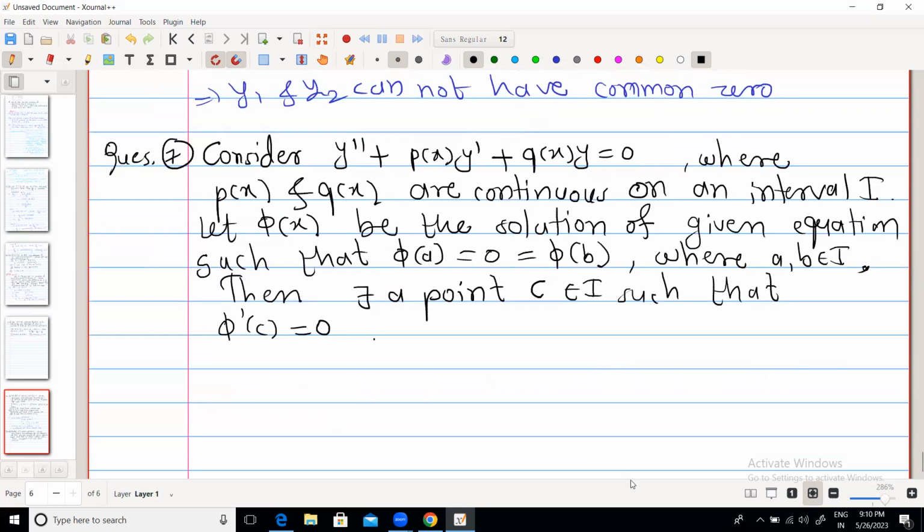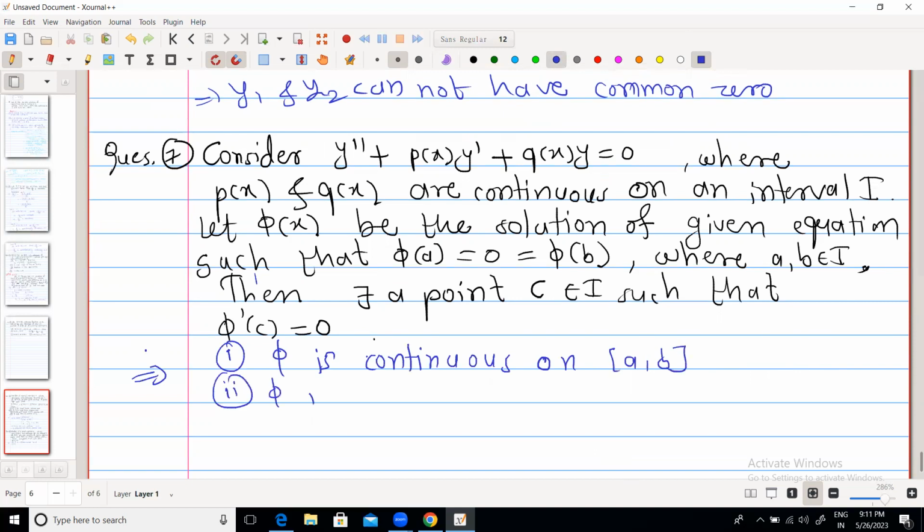So first one, phi is continuous on closed interval AB.